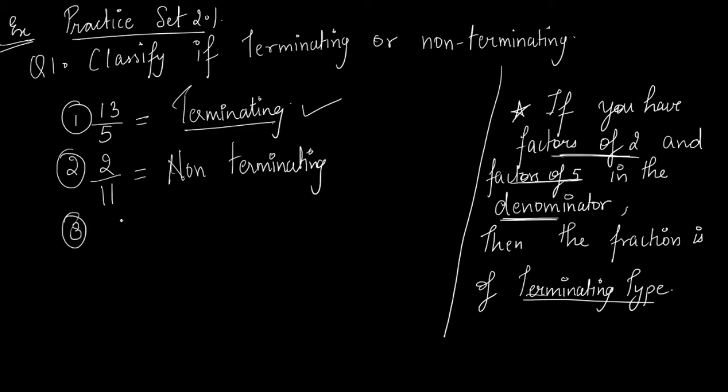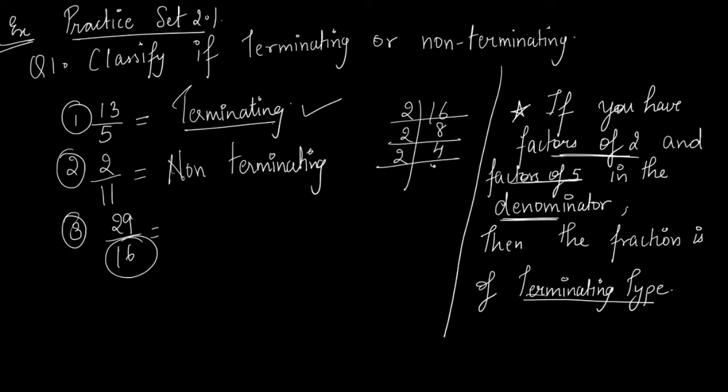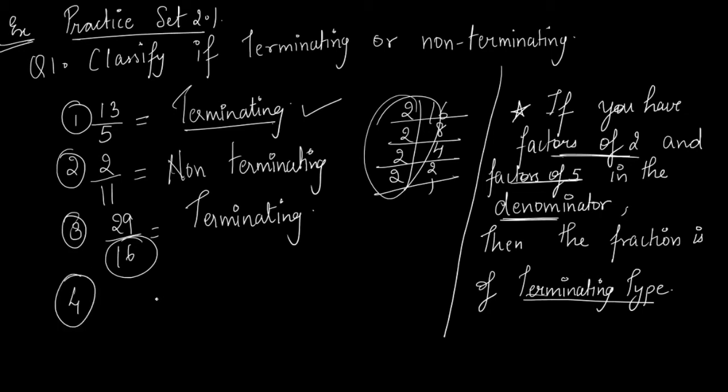Question number 3 gives you 29 by 16. If you factorize 16, 2 8s are, 2 4s are, 2 2s are, 2 1s are. All the factors are made up of 2, so obviously this is going to be a terminating fraction. Next, question number 4 says 17 upon 125.